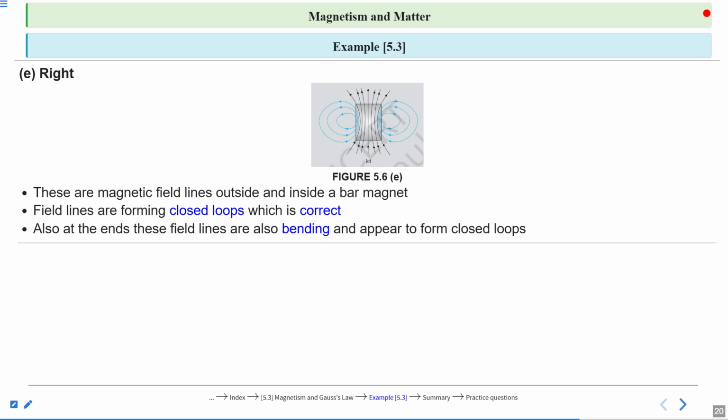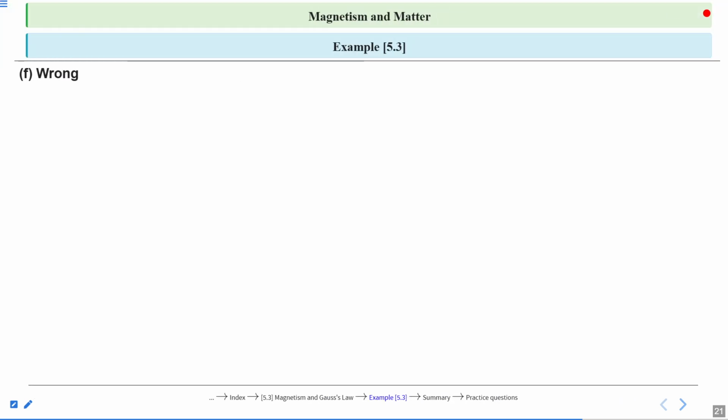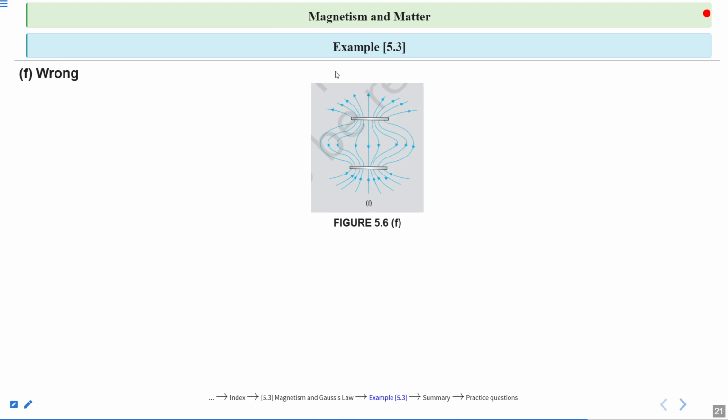Now part F of this question is wrong. These are not representing magnetic field lines, because if this shaded part is some magnetic dipole, we know that monopoles do not exist, so this element should contain both north and south poles. If field lines are exiting from one side, then from the other side, field lines should enter.